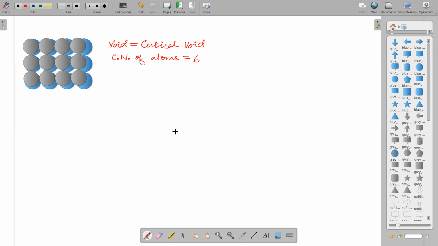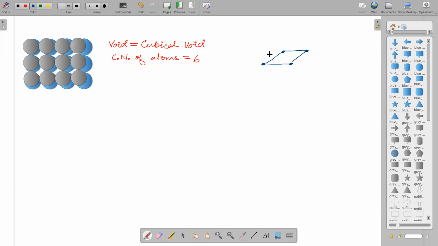So for 6, let us first try to make a unit cell for this. This unit cell here will be a cubical unit cell, and you can make a cubical unit cell by having 4 atoms at the bottom, and these are blue atoms, right?